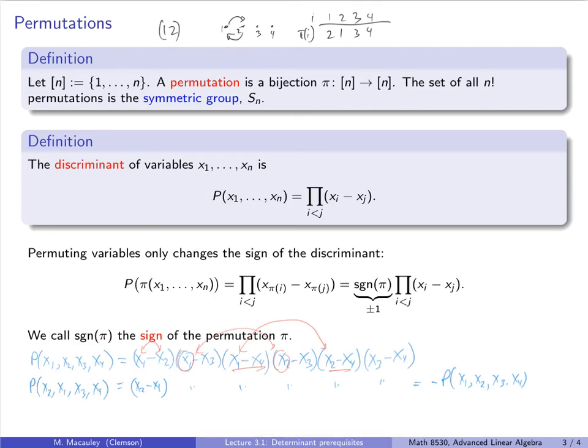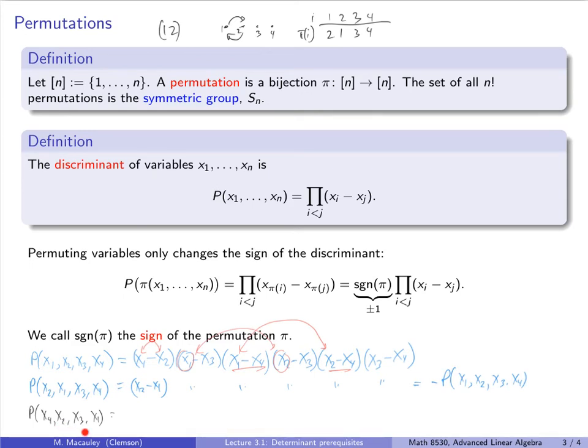Now it's a little more complicated if we use some more things. So if we swap 1 and 4, it's going to be x4, x2, x3, x1. Now this is going to change a lot more things. So now, if you look at this, the only two things that are actually in the same relative order are 2 and 3. 2 is less than 3. Everything else is going to swap.